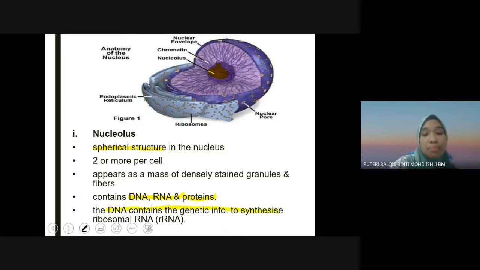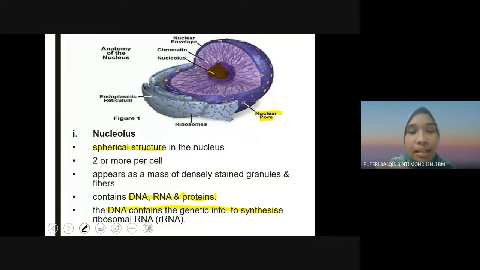Ada genetic information untuk synthesize rRNA. As you can see, this is nucleus. Dia ada juga nuclear pore, lubang dekat nukleus tu. So bila dia dah hasilkan protein semua, dia akan exit melalui nuclear pore.